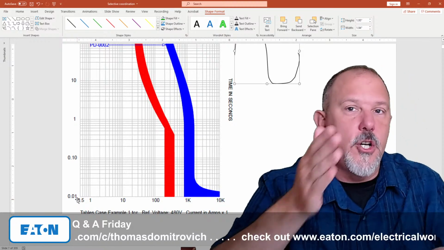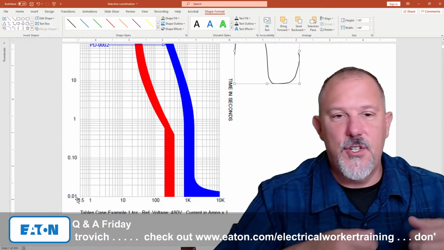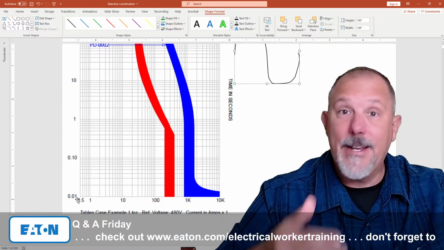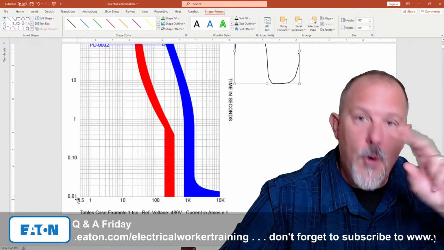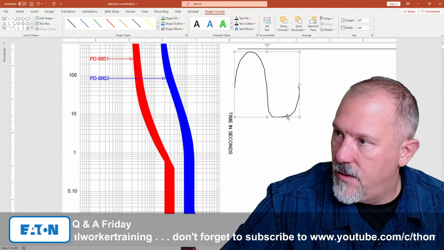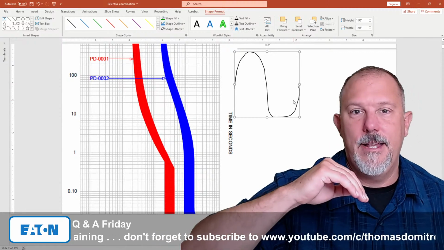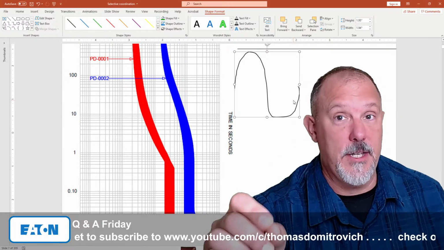When a fault occurs, it doesn't ramp up to the magnitude. It goes there really quick. So both of these circuit breakers will see this increased fault current, and the first half cycle is a doozy, right?